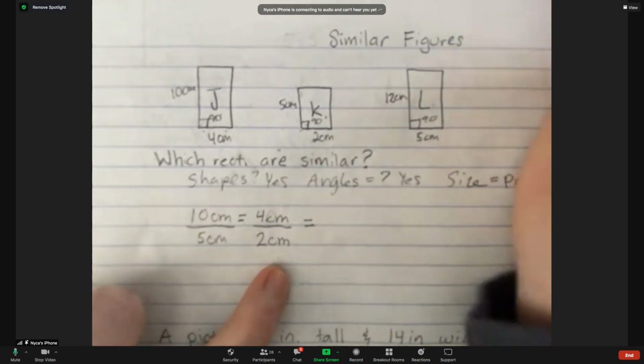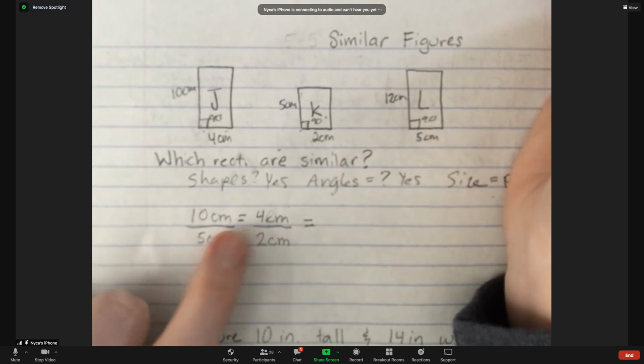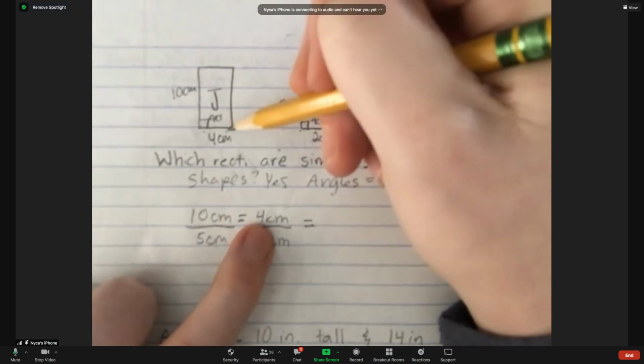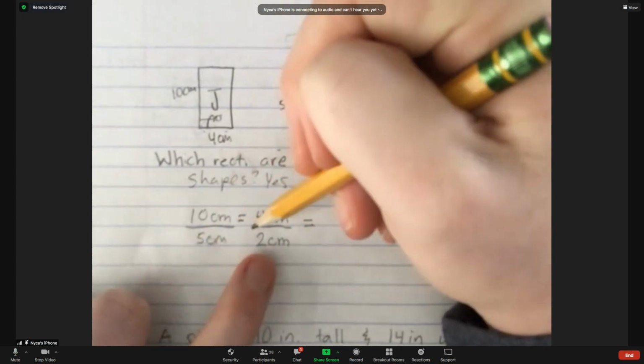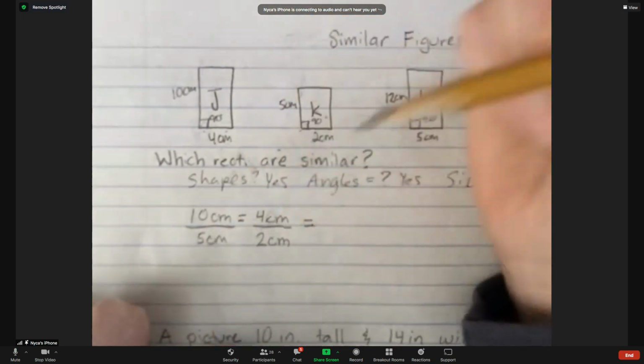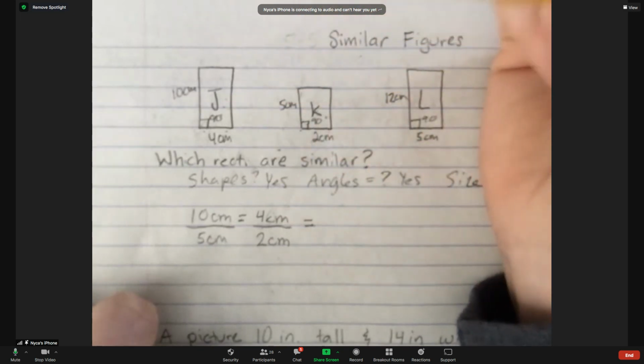Now, if we come over here, the scale for 10 centimeters is 5. And the scale for the horizontal, or what you might call the width, notice that both of these are by 2. Okay, so that means that these are in proportion.